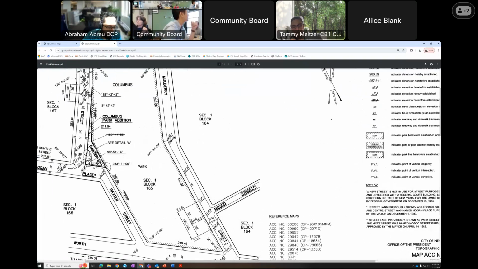So what they're saying here is that this used to be the line between the street and the park. Now they're getting rid of that line, and this bold one here is the new line. So basically, Baxter Street used to do this, and now they've demapped this little bit here, and now it does this kind of wavy thing that you're familiar with.